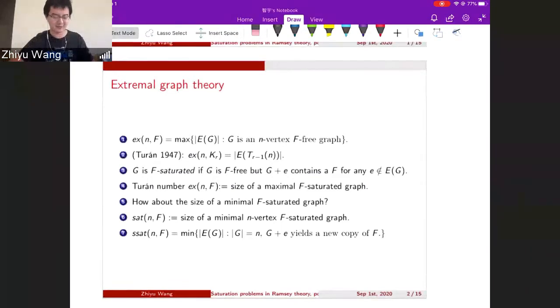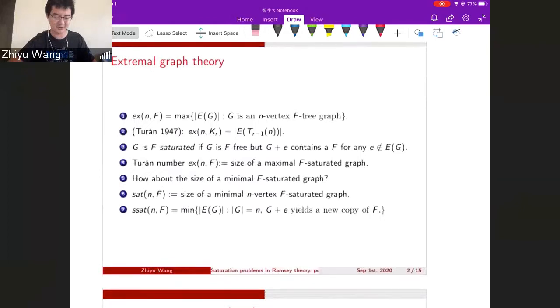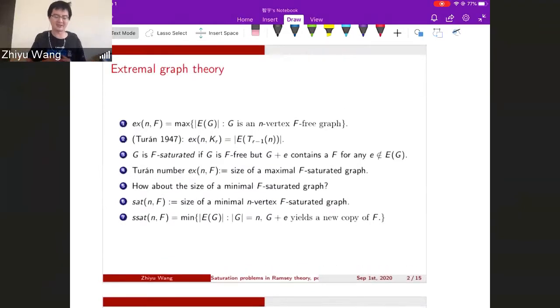Following Mantel's work on triangle-free graphs in 1947, Turán determined the Turán number of K_r, the complete graph on r vertices. The extremal graph is the famous Turán graph, a complete (r-1)-partite graph where the vertices are evenly distributed.